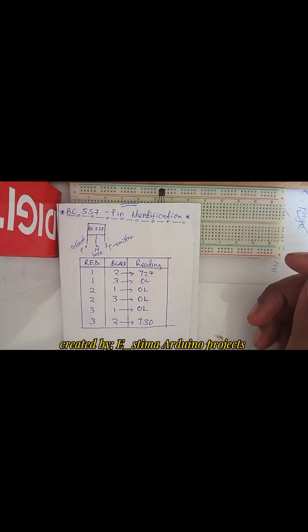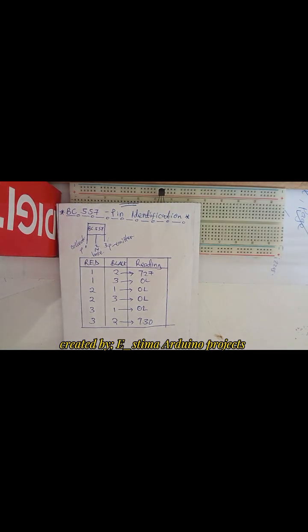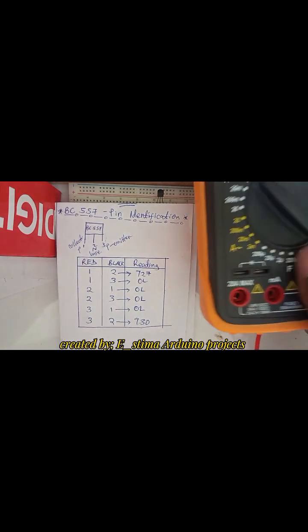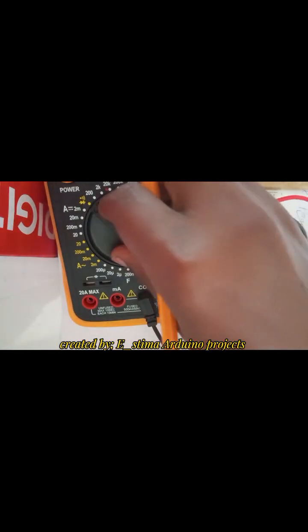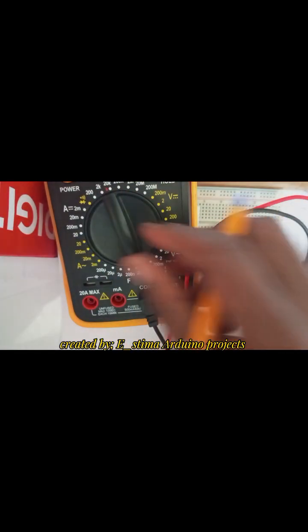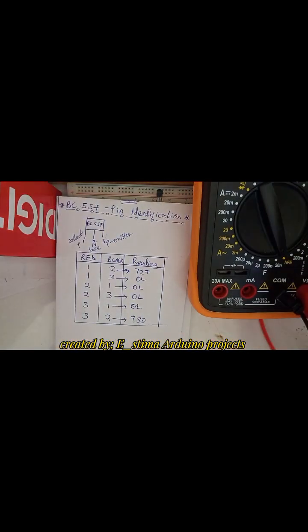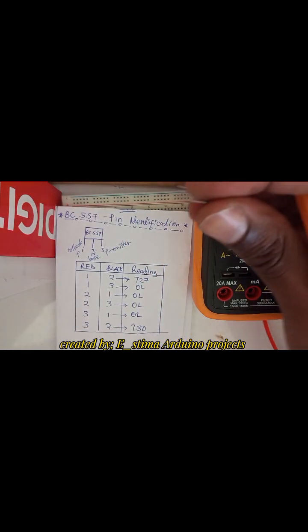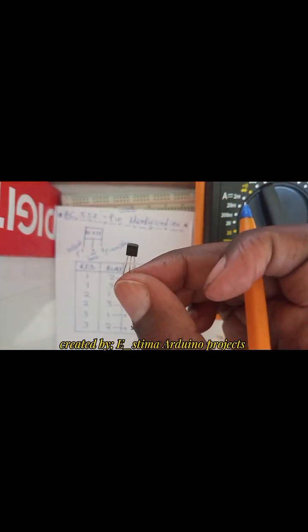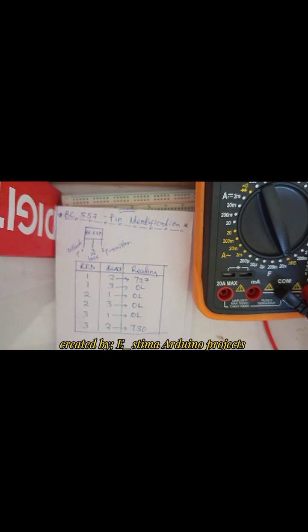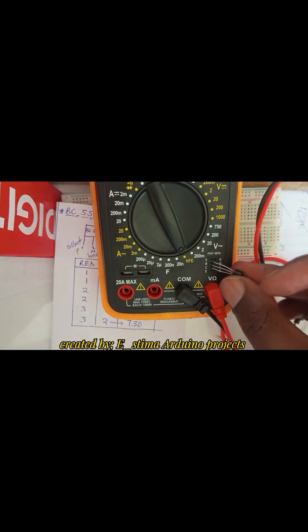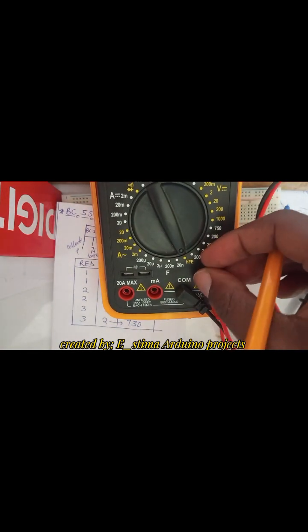Now let's measure the HFE of this transistor. This is my multimeter. I set it to HFE. This is my transistor, my flat side facing me. This is a PNP, and 1 is the collector. So this is how I fix it.